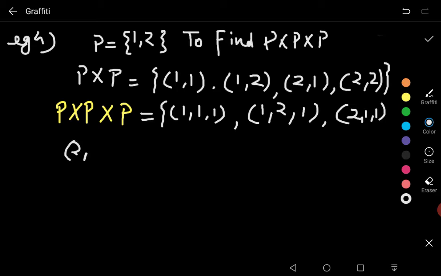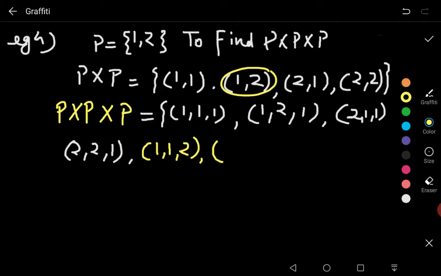And (2, 2), again 1. Now we have to take this (1, 1) and 2. So we will write it as (1, 1, 2). Then next (1, 2) and 2.